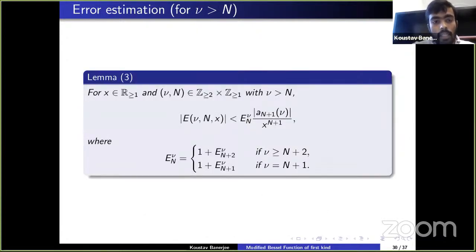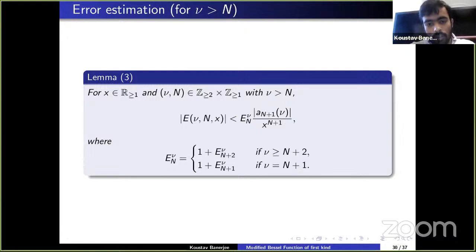And for nu less or equal to n, finally we get this 1 plus e nu of n plus 2 and e nu of n plus 1 for the final form. So e nu n of x for nu strictly greater than n, with nu in the superscript and n in the subscript, is bounded by the absolute value of this a n plus 1 nu, which I defined earlier, which is something, nu minus half binomial n plus 1 times nu plus half rising factorial n plus 1 divided by 2 to the power n plus 1.